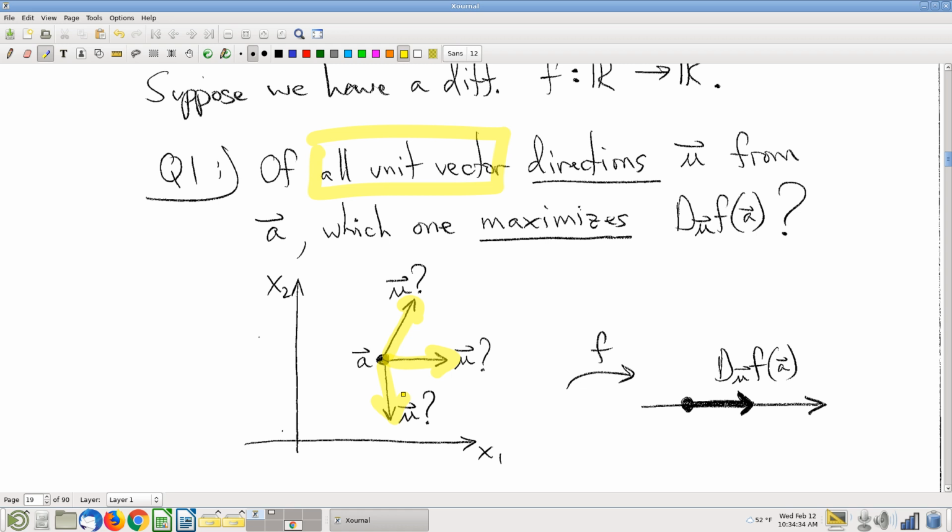By the way, why unit vectors? Right? I mean, why don't we talk about all vectors? And the reason why is you could certainly imagine, at least in a lot of situations, that how fast you move in whatever the optimal direction is, maybe that's already set. Maybe that's already fixed. Look, I can only run so fast.